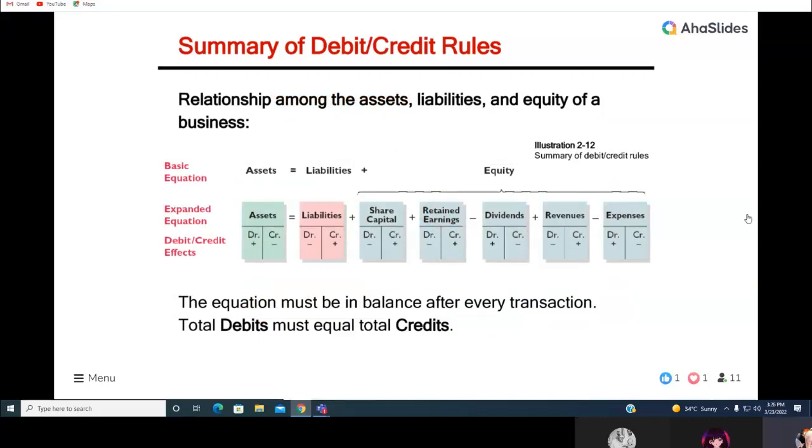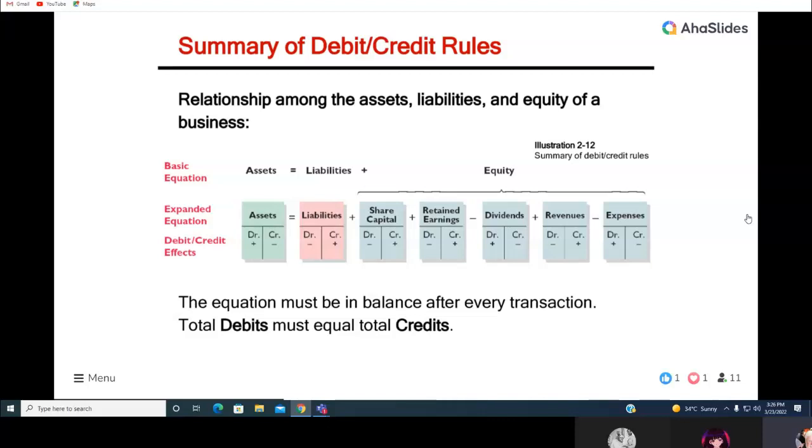So now, think of all these asset accounts as T accounts. All right? If it's an asset, it will increase as a debit, decrease as a credit. If the transaction affects a liability account, the liability account will increase as a credit.